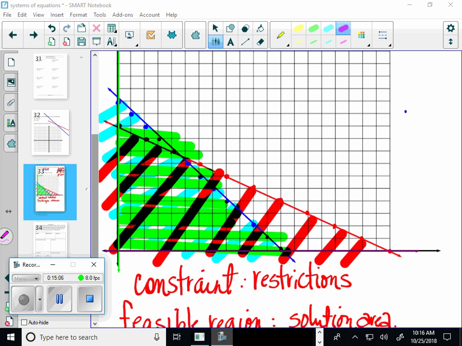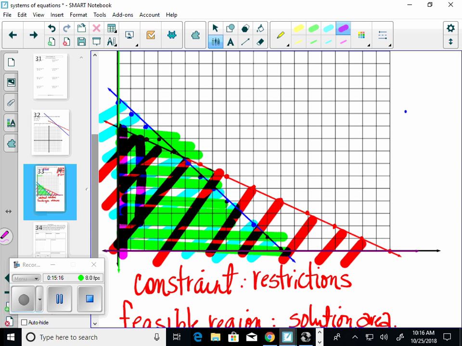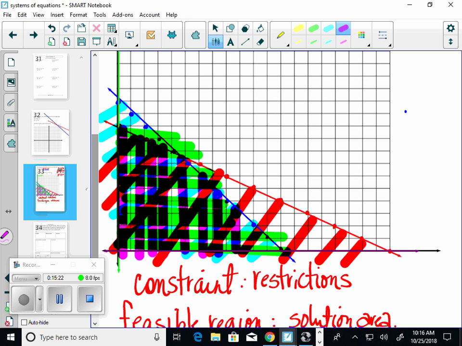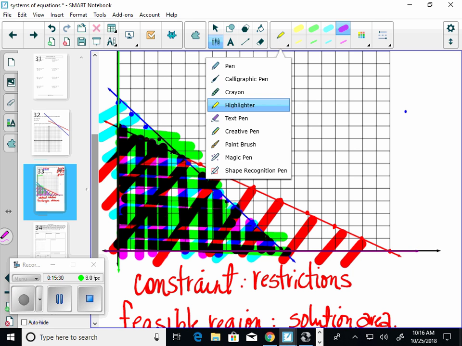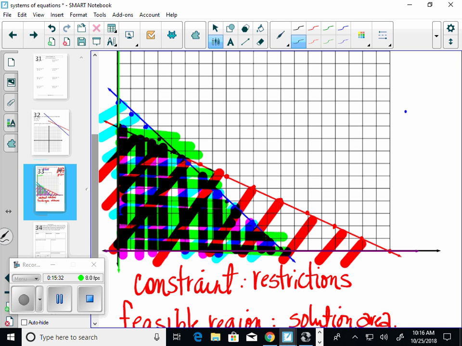Now, when I'm dealing with my y, I know I'm shading above. Again, I'm not going to waste my time coloring the whole graph. I'm only going to deal with where my now three colors are crossing. I can see that my feasible region has been reduced quite dramatically, yes? Once I have that done, can you identify the feasible region?